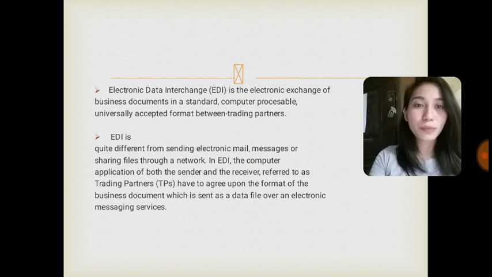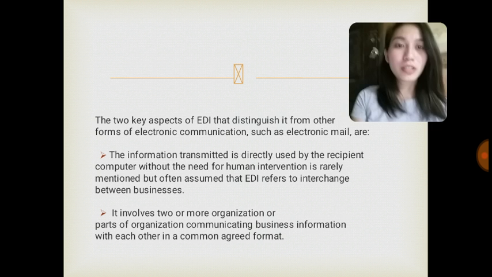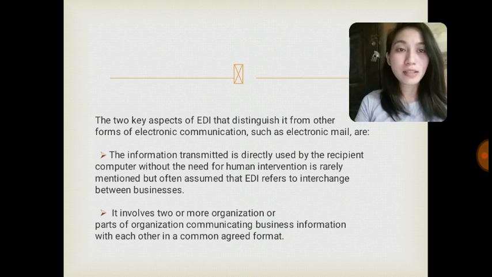In EDI, the computer applications of both the sender and the receiver, referred to as trading partners or TPs, have to agree upon the format of the business document, which is sent as a data file over an electronic messaging service. The two key aspects of EDI that distinguish it from other forms of electronic communication, such as electronic mail, are: the information transmitted is directly used by the recipient computer without the need for human intervention.